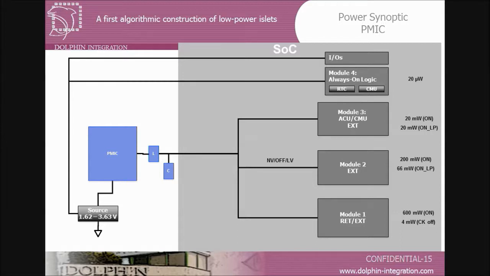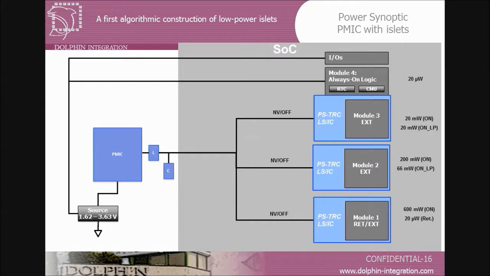You have module 2, a little bit more complex, consuming 200 milliwatts. It can be a CPU inside. And module 1, a very large one, consuming 600 milliwatts. It could be a DSP. Here you have in the power management network only an external PMIC.